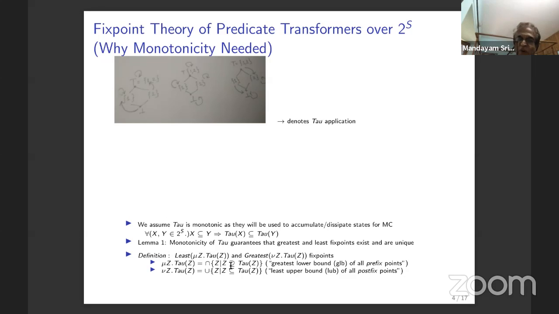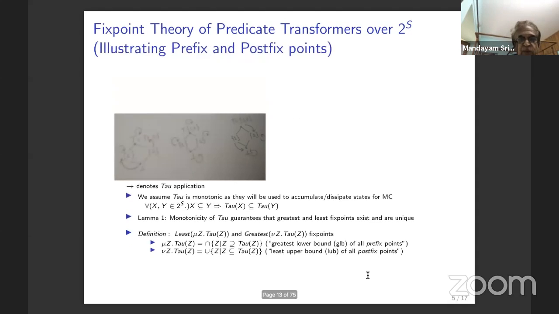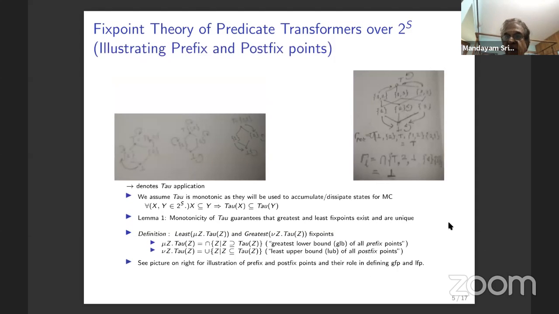The least fixed point, LFP, is defined as the least upper bound of post-fixed points. What you said is correct.